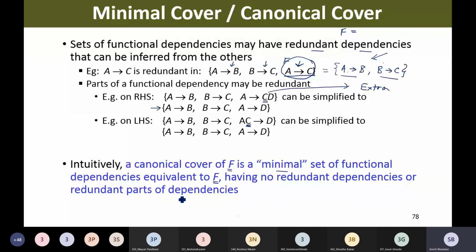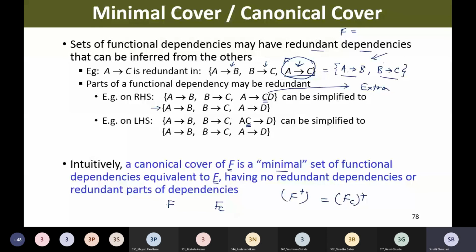And one more condition that we will discuss in the next session is, if I have the original set F and the canonical cover FC of F, which is a minimal set, then F plus is the same as FC plus.